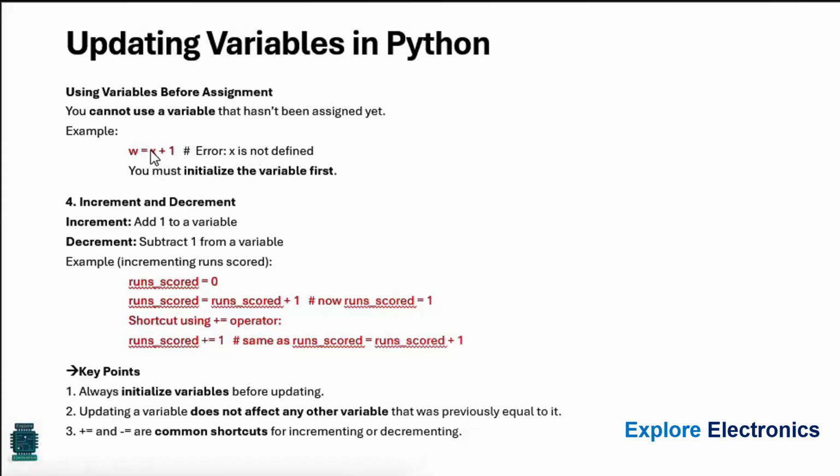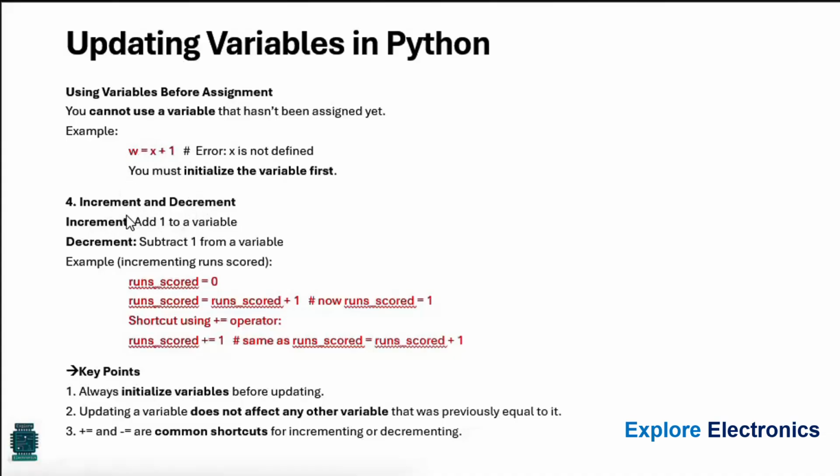To make sure of that, you have to define x. x is equal to 1, 2, 3, 4, 5, give any value to that x. Then only you can use that variable. Got it? It will show an error message otherwise. You must initialize the variable first, whatever variable you have taken here.